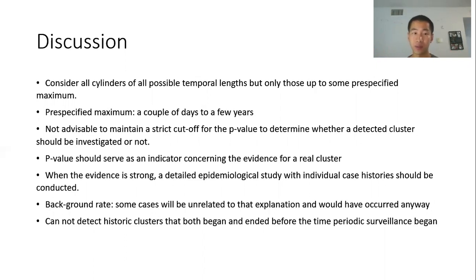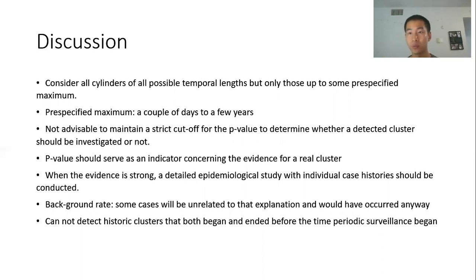And they also do not recommend you to have a strict cutoff for the p-value. He emphasized that, and I agree, p-value only serves as an indicator concerning the evidence for a real cluster. So if this p-value is small or significant, it just means the evidence is strong. If it is strong enough, a detailed epidemiology study with individual case history should be conducted.